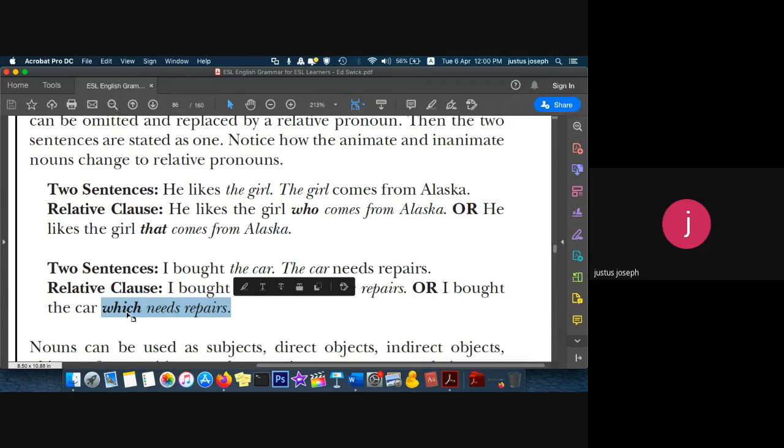That's why he used which needs repairs. If you go deeper into this, you can also understand the degree of repair that is required. Which car needs more repair, the first sentence or the second sentence car?